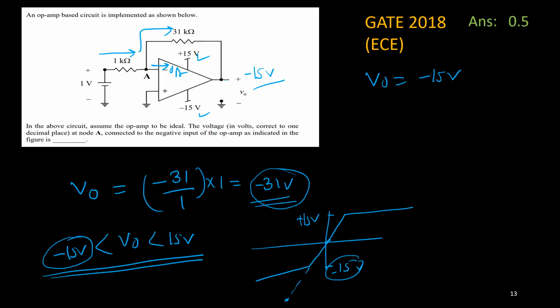So this current I equals to 1 minus VA upon 1K, equals to VA minus 15 upon 31K.